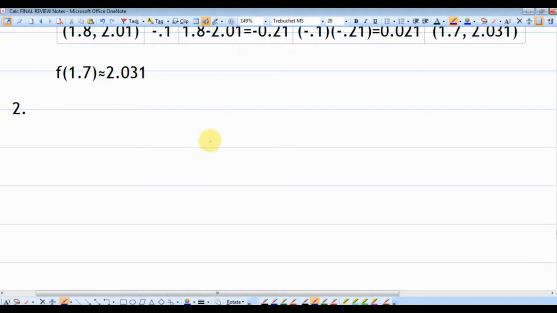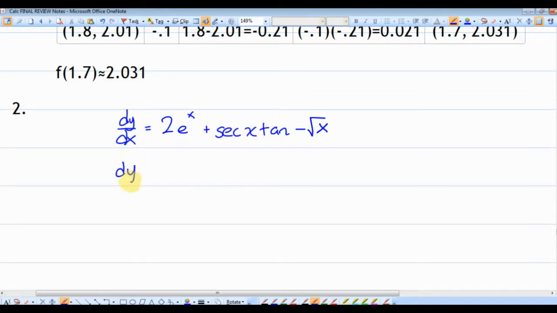We have dy/dx equals 2e to the x plus secant x tangent x minus the square root of x. Okay, so we need a general solution. That really just means integrate.